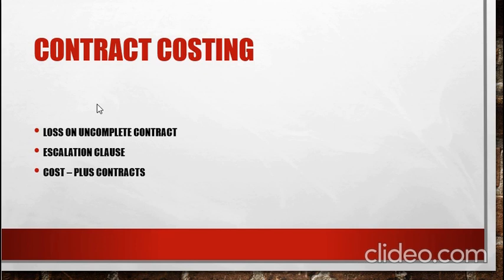So when it is like that, an agreement is made by the contractee and the contractor stating that when the completion of the task is over, so much money will be given to the contractor. But what if the expenses cross the contract price which has been decided in the agreement? Then the escalation clause helps out.